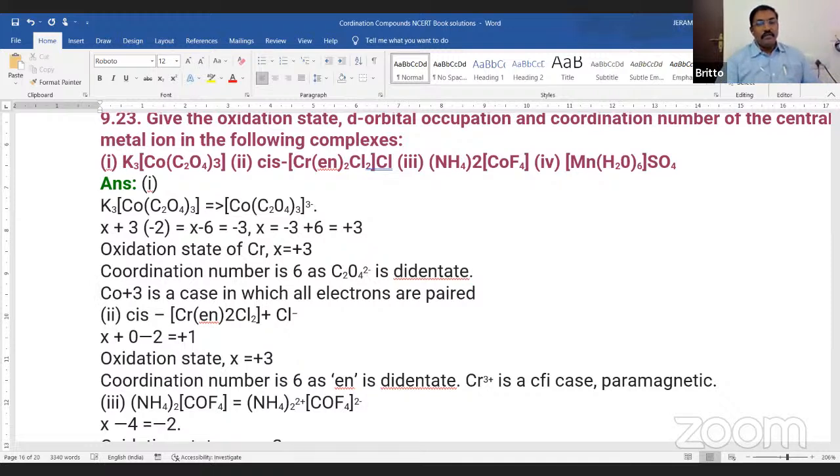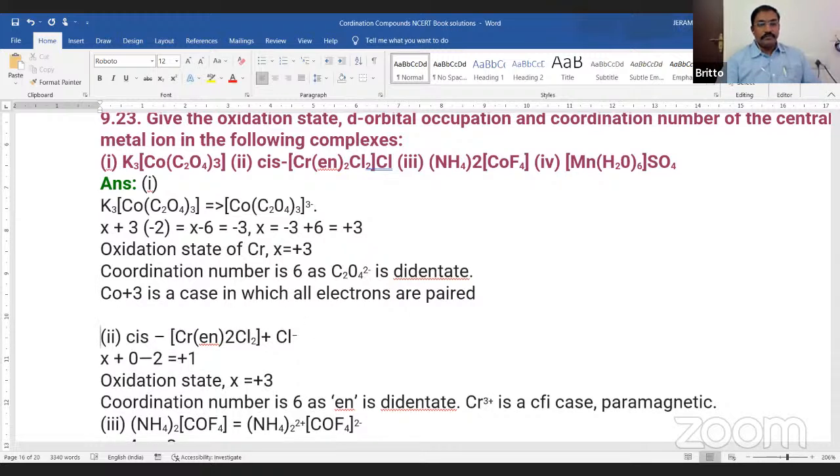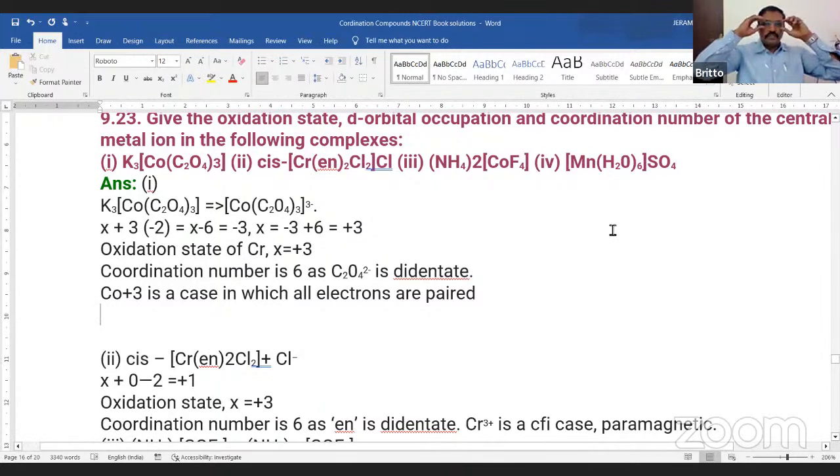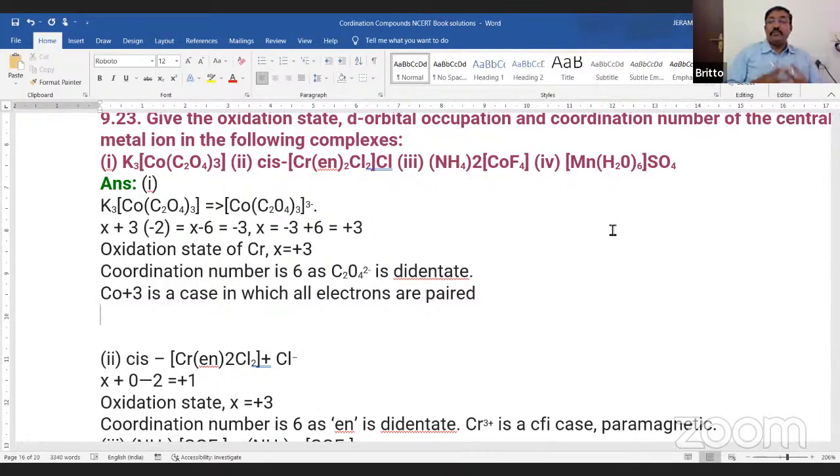And then we'll calculate the number of d electrons. I want all of you to try to memorize this. Some questions they'll give the atomic number, some they may not. So you had better memorize the atomic numbers of these transition metals, and it's very easy to remember.